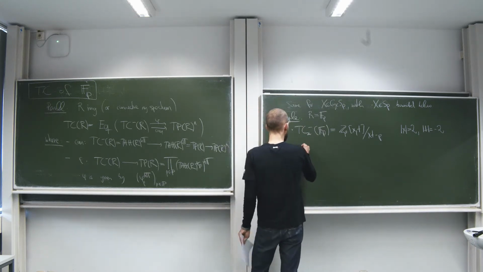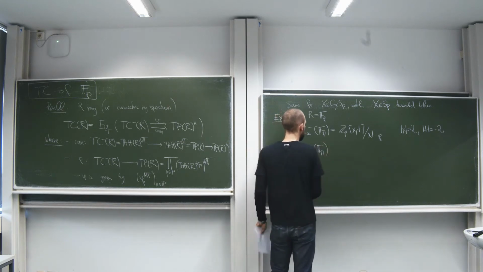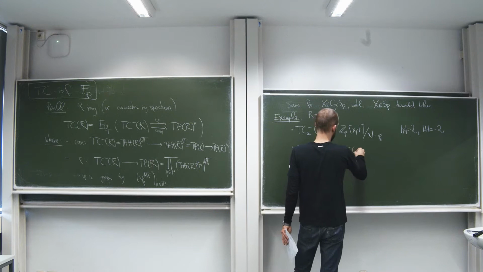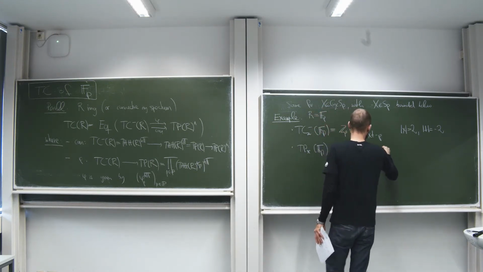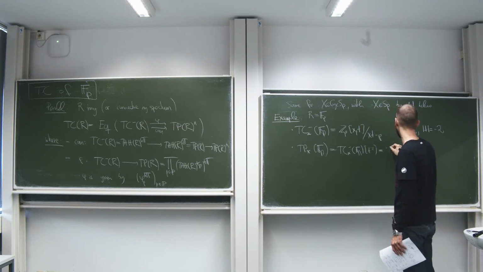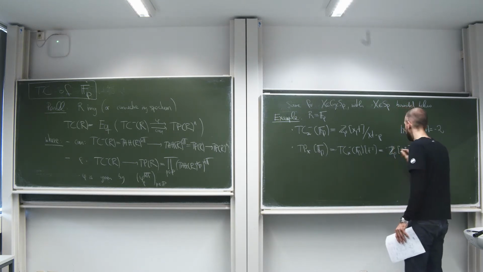And then we also found that TP star Fp was just a localization of TC minus at the element t. And I mean, this was just given by Z_p adjoin t plus minus.